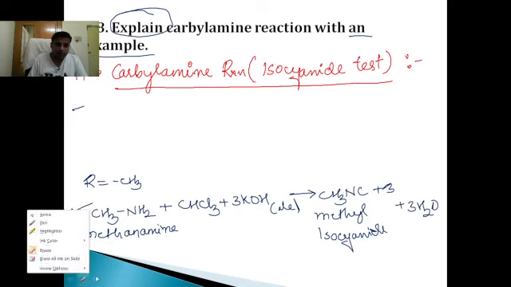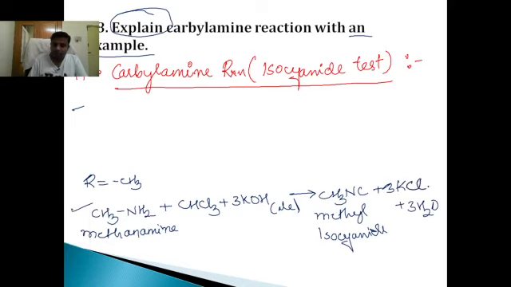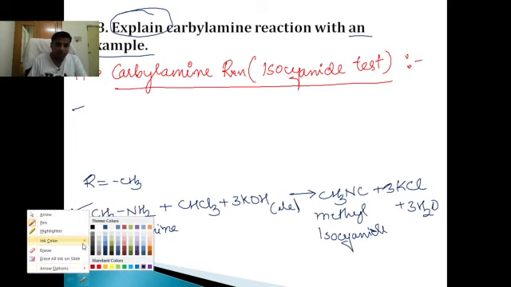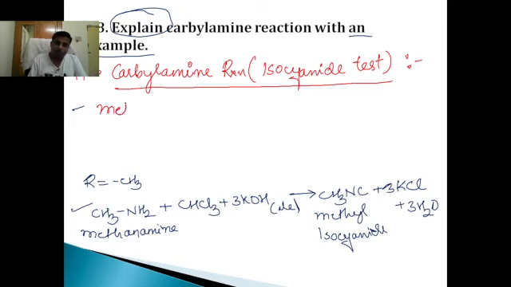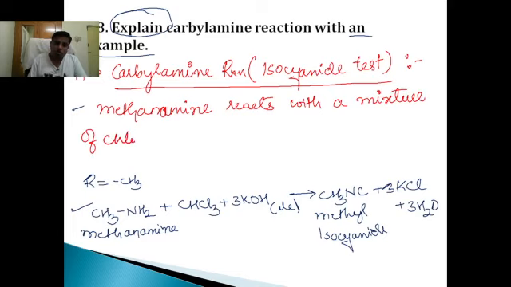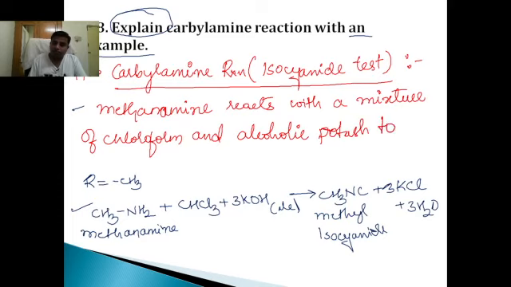Methanamine reacts with a mixture of chloroform and alcoholic potash to form methyl isocyanide.